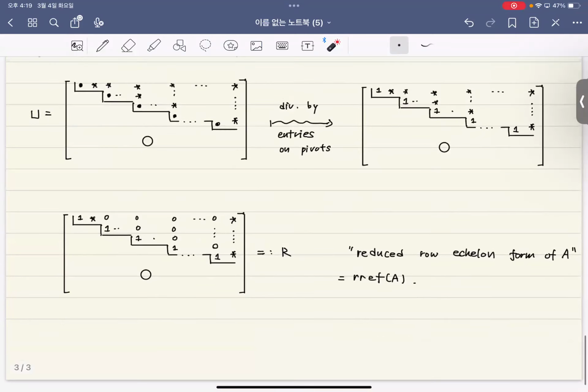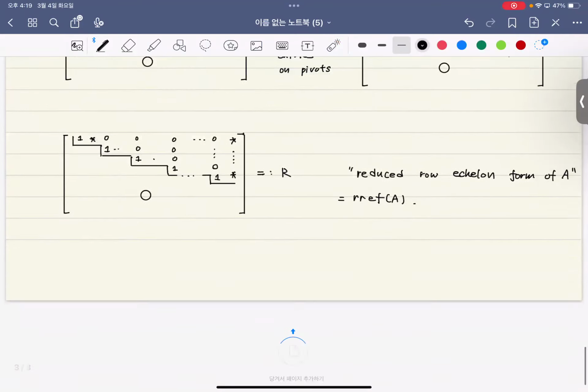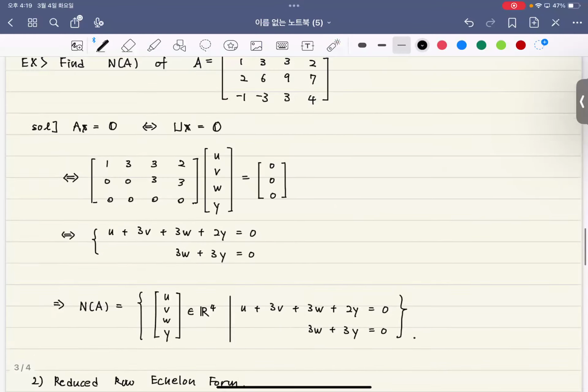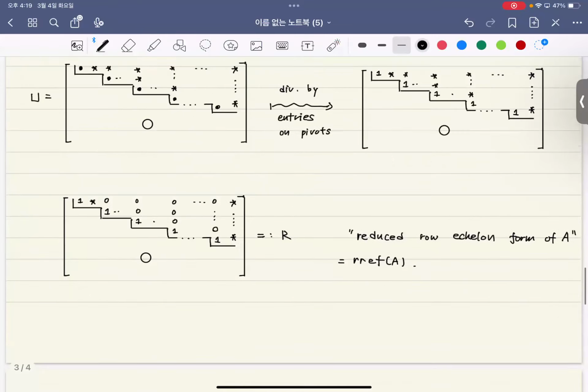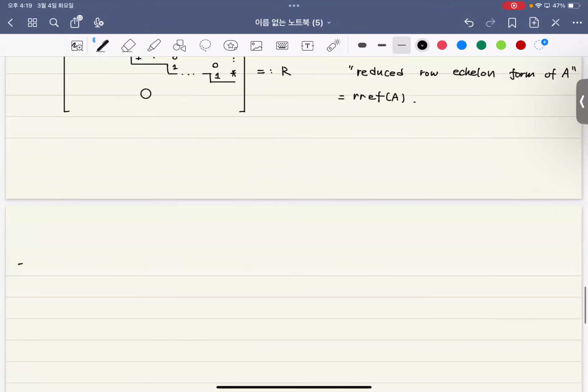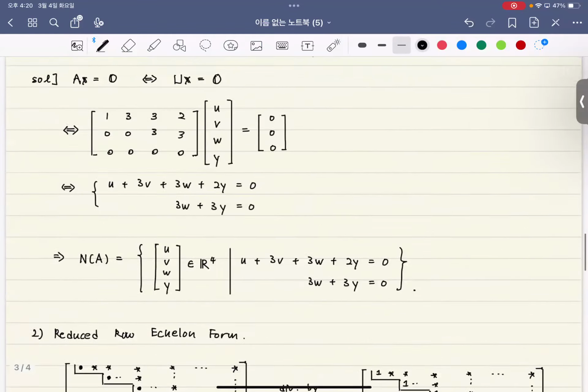Okay. This is a reduced row echelon form. Let me try to find the reduced row echelon matrix of matrix A. What was my U?